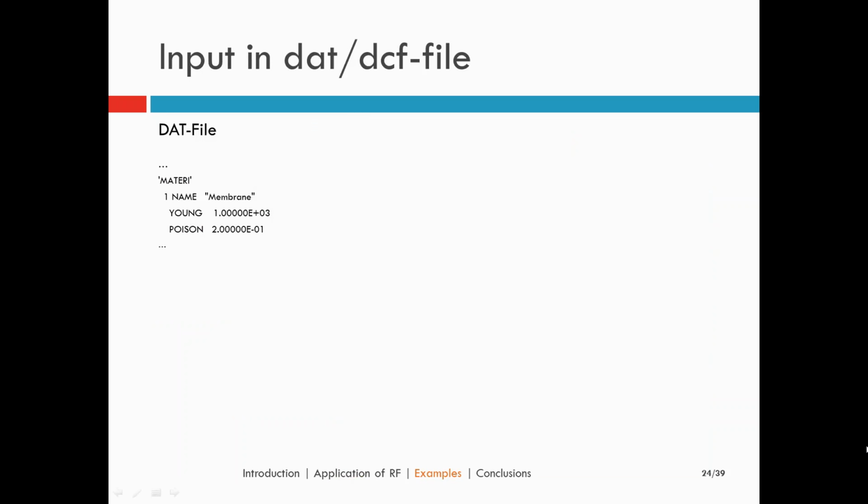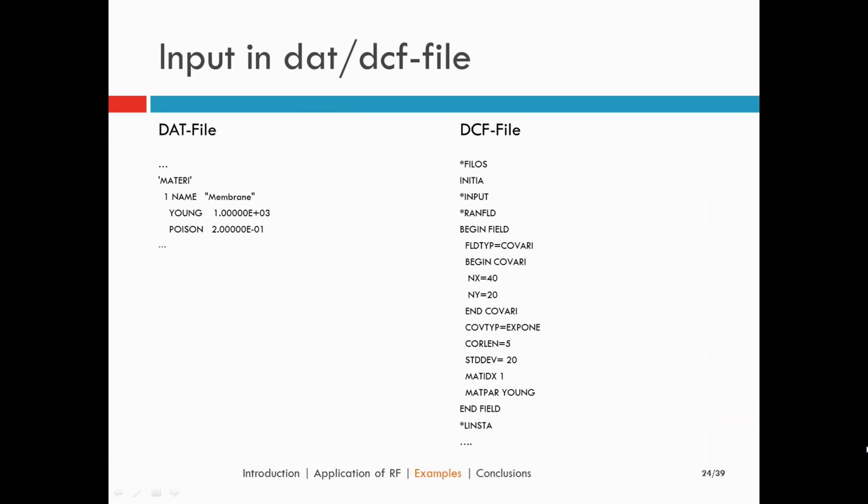Another option is to define it with a .dat and a .dcf file. Here, for example, material 1 is given a Young's modulus and a Poisson ratio. And if we want to have spatially varying properties for the Young's modulus, we can couple a random field to this property in the DCF file. You can add a block random field, and here you can select again the random field method, how many nodes you want in the random field mesh, which correlation function you want, the correlation length, and the standard deviation.